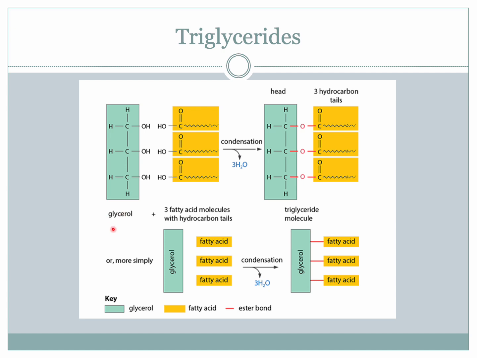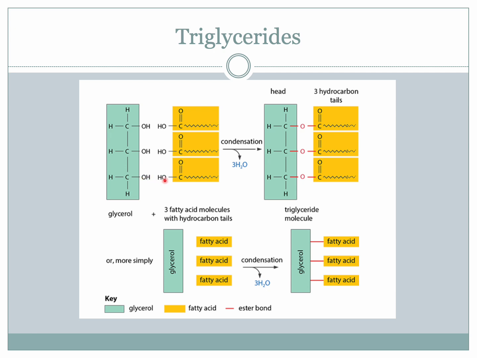It's just another diagram showing you've got your glycerol with the alcohol, that OH group, and then your 3 fatty acids, each one of the fatty acids showing you the acid functional group. They'll go through a condensation reaction where water is produced.